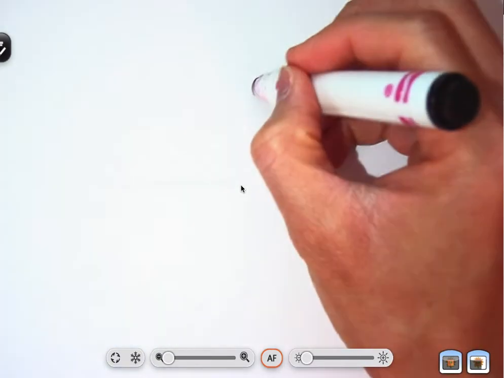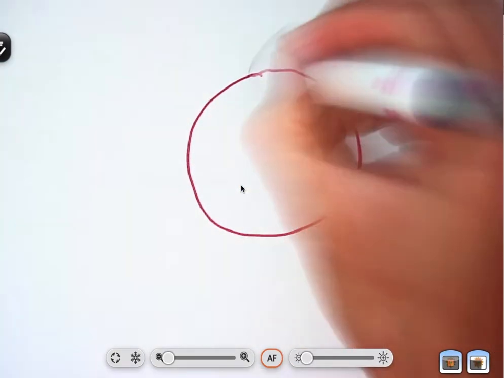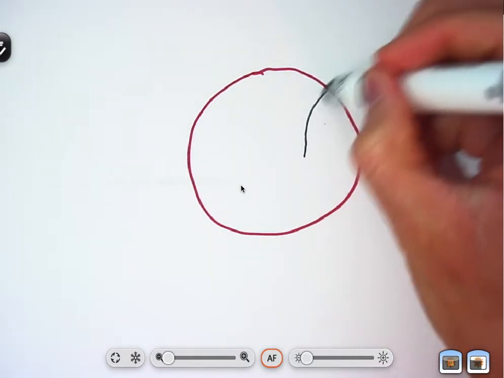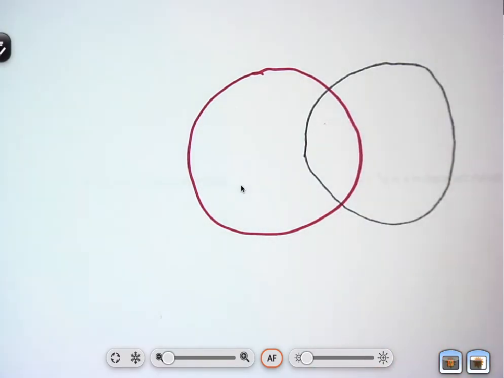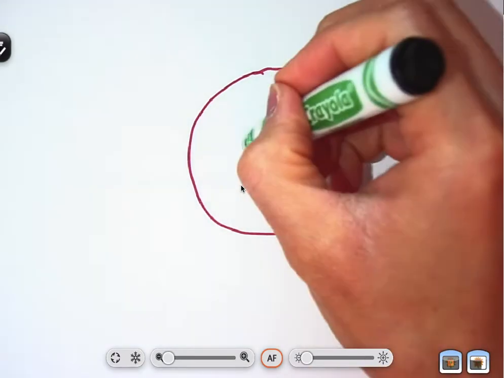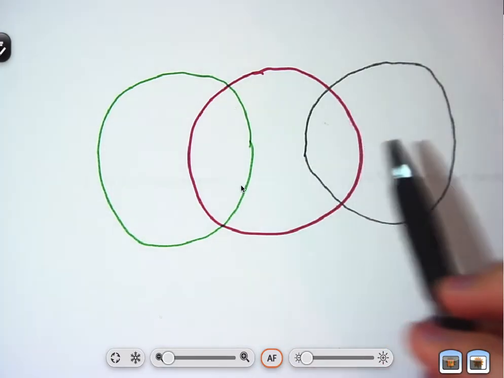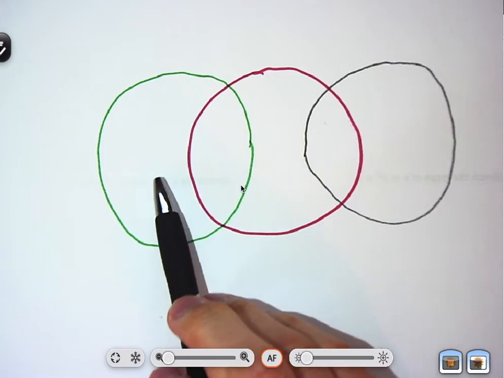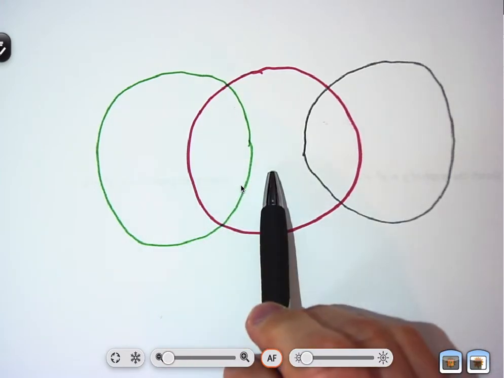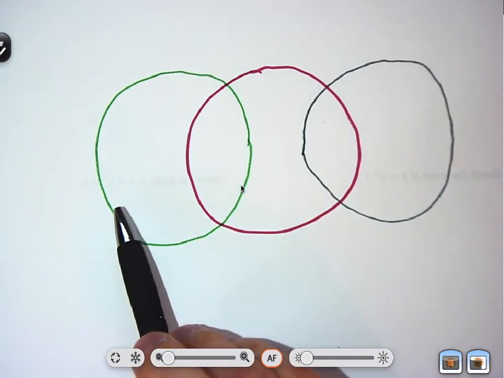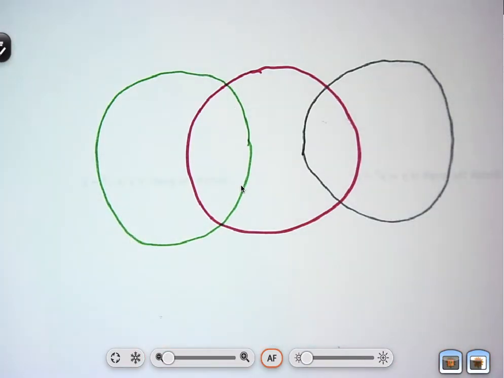So for example, you can have something like three different rings. And here this says that there is overlap between these two categories, and overlap between these two categories, but there is no overlap between the green category and this gray category over here.